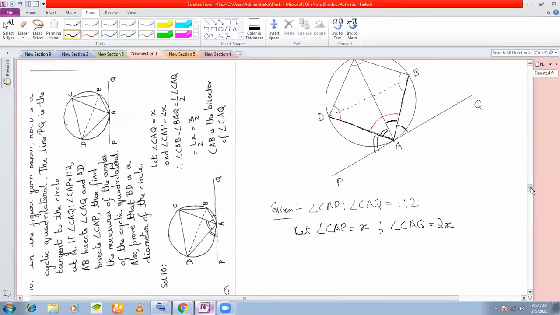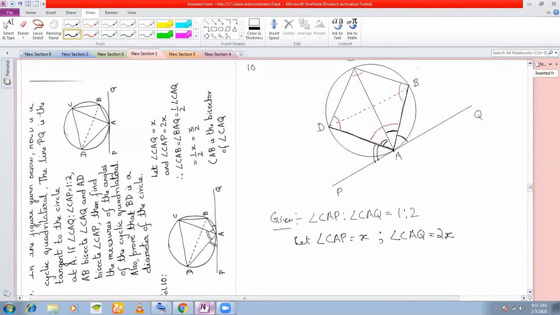Now, both these angles, CAP and CAQ, lie on the same straight line, the line PQ.